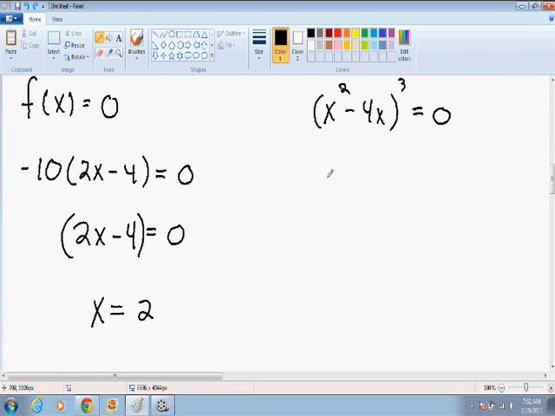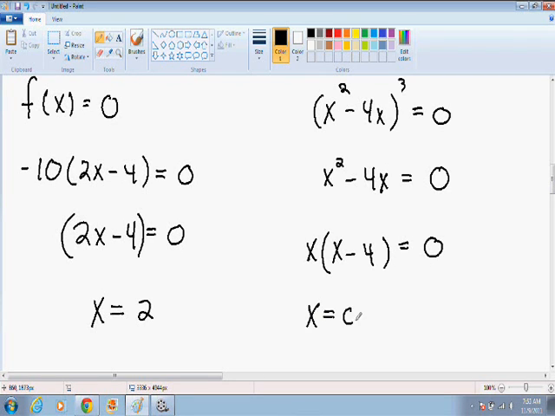So now I'm going to cube root both sides, and the left side just becomes x squared minus 4x, and the cube root of 0 just equals 0. And now I'm going to factor out an x. Now if we set both terms equal to 0, we get x equals 0 and x equals 4.